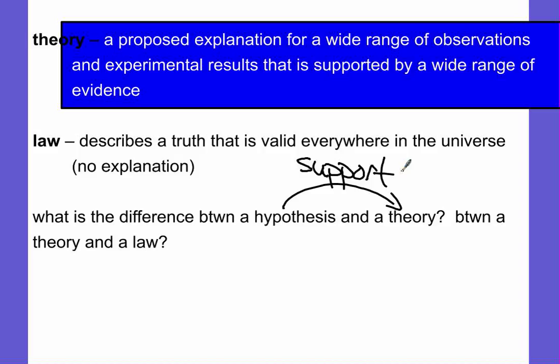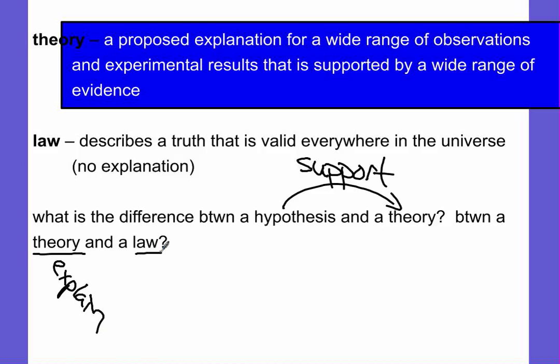I think that Caitlin's was pretty good for the theory and law. What was yours? Laws are separate, while theories try to explain, laws don't. Theories try to explain, laws don't. Period. Right? Laws are just there. We observe them, we see them. But this specifically is going to try to explain.